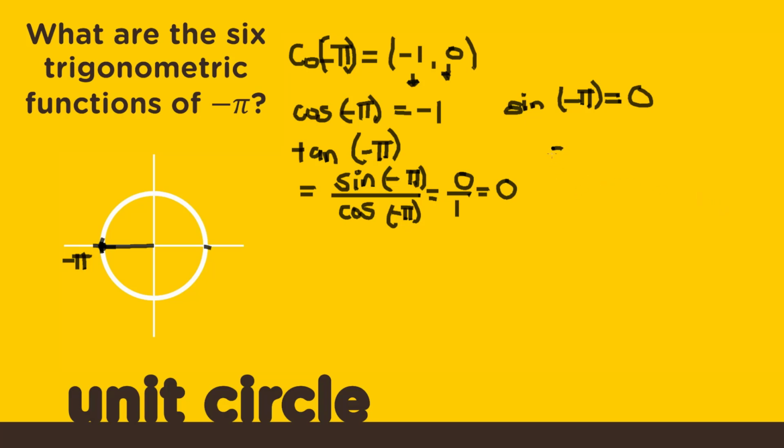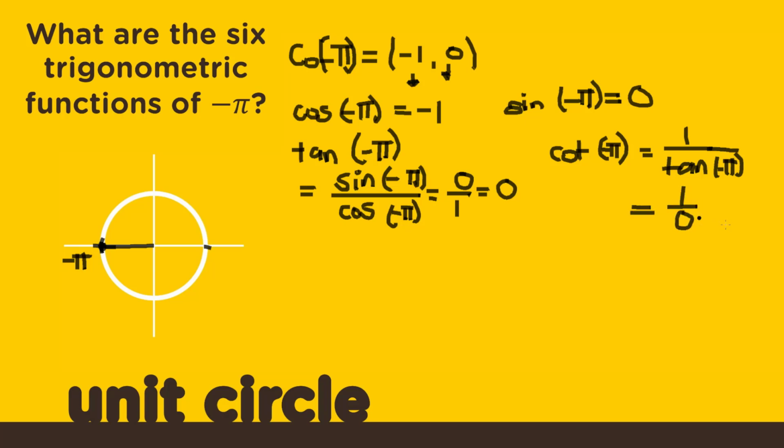Next is the cotangent. The cotangent of negative pi is the reciprocal of the tangent of negative pi. Hence, this is 1 over tangent of negative pi. Since the tangent is 0, we will have 1 over 0.